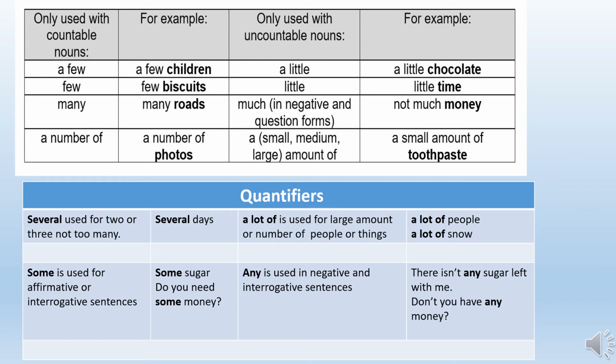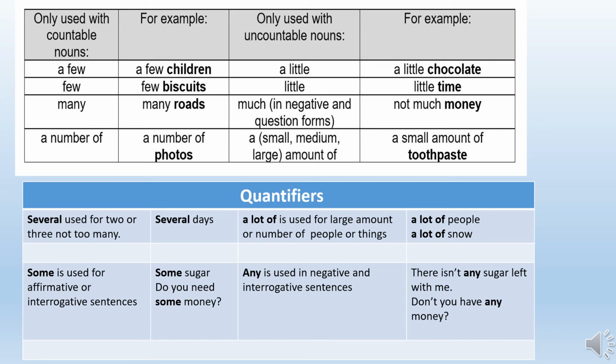Quantifiers like a few, many, a number of, several, some can be used with countable nouns: a few children, few biscuits, many roads, a number of photos, several days. With several, be careful: you cannot use it with too many numbers. It is restricted to limited numbers like 4, 5, 7.